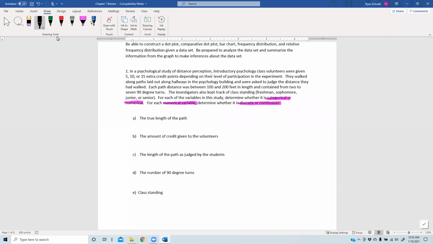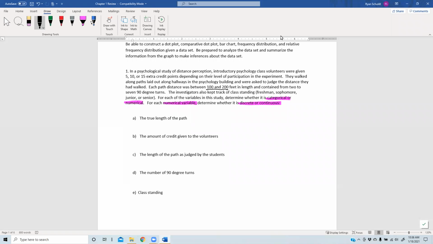Okay, A, the true length of the path. Well, it said the distance was between 100 and 200 feet. It didn't say either or. It just said the distance was between 100 and 200 feet. It could be 157.69 feet.